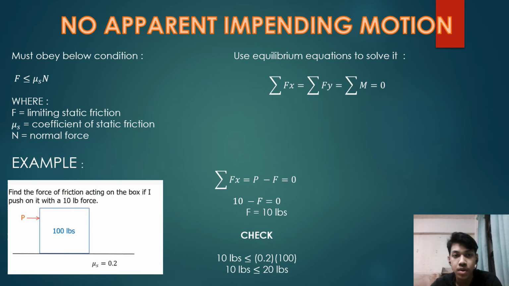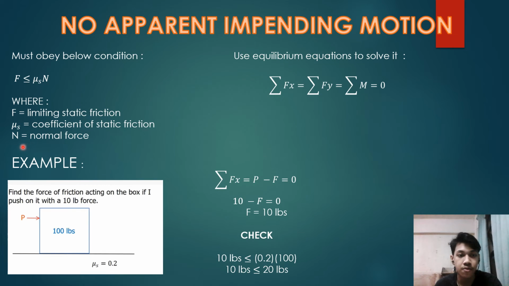For the first case, no apparent impending motion, it must obey this condition: the force must be less than or equal to the coefficient of static friction times the normal force. To solve this, we can use the equilibrium equations, which are the sum of forces in the x direction equals the sum of forces in the y direction equals the sum of the moments equals 0.